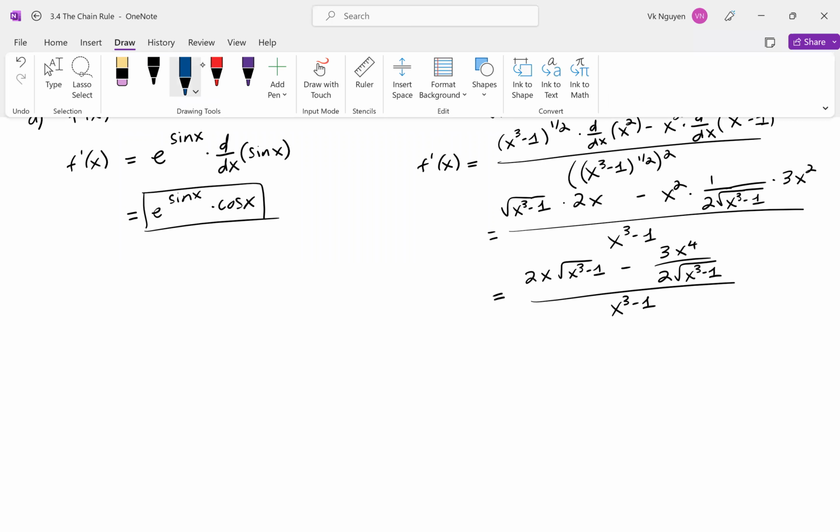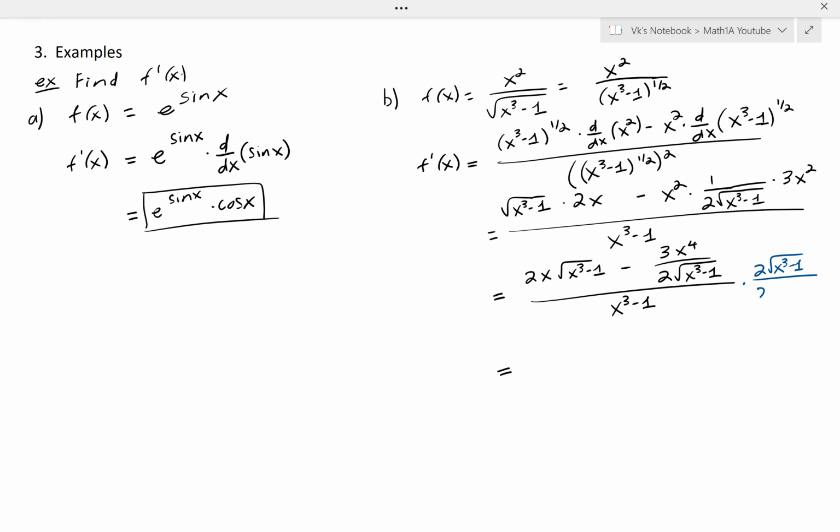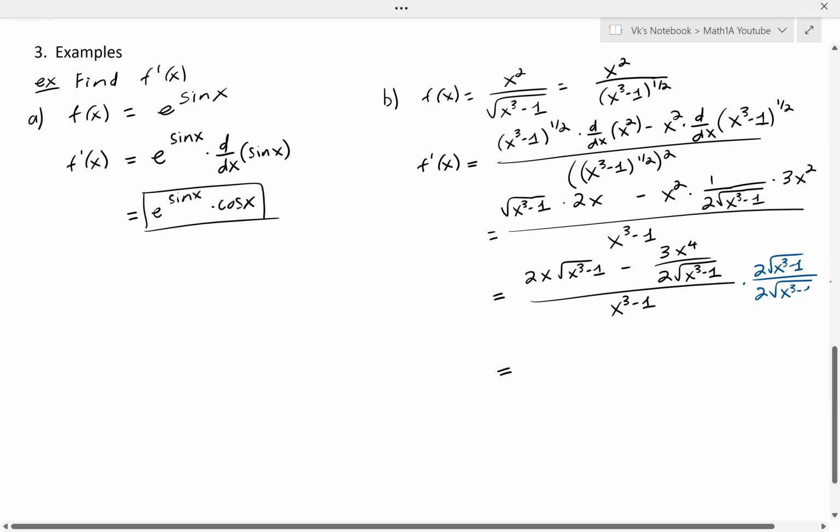I'm going to simplify this complex expression by multiplying by the LCD: 2 root of x to the 3 minus 1 over 2 root of x to the 3 minus 1.